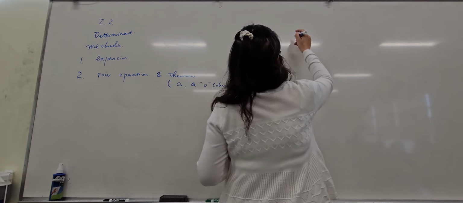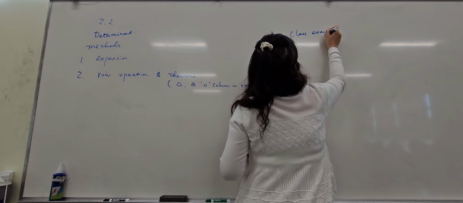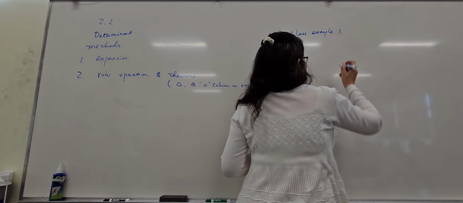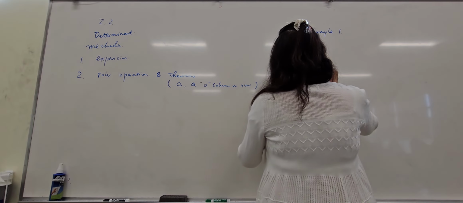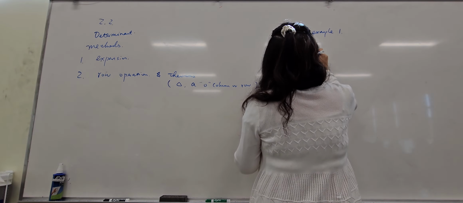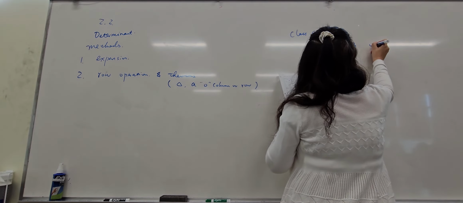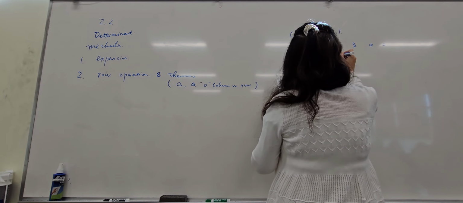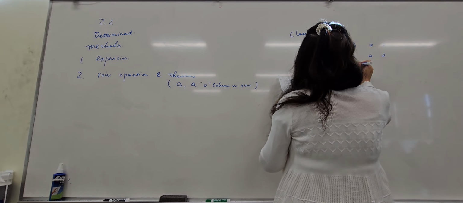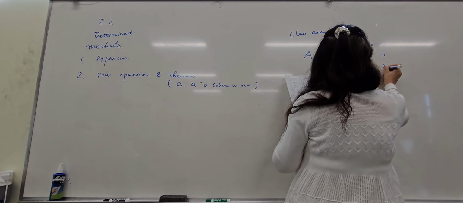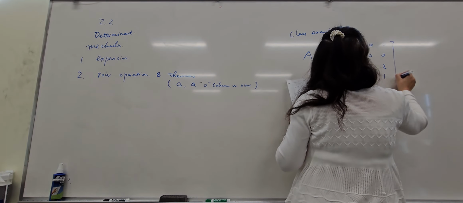Here's class example number 1. I will put some class examples from now on, something that the book doesn't have. So if I have a matrix A, so here's a matrix.